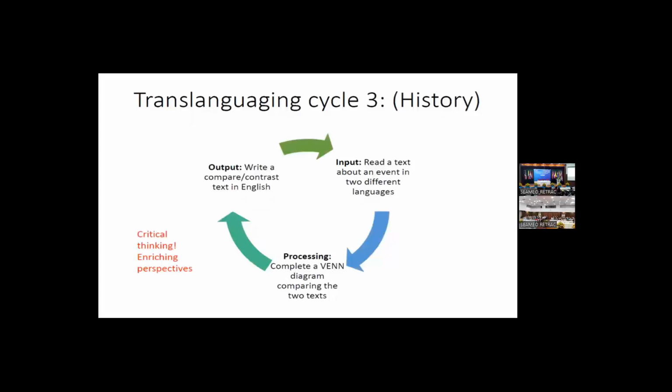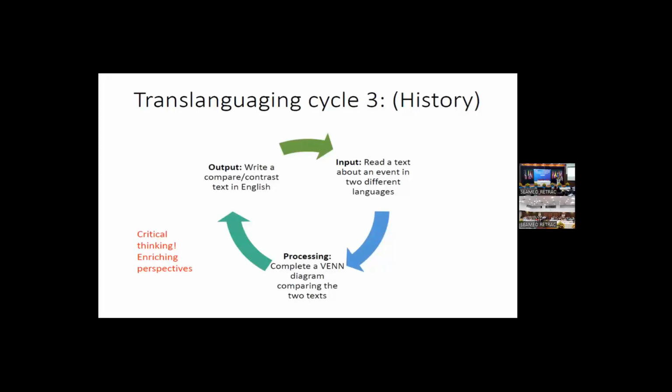Another one might be particularly used around constructing the stories of how something developed. This doesn't have to be just in history. It can be in science or any subject area, because we're talking about university classrooms here, where the content could be anything.